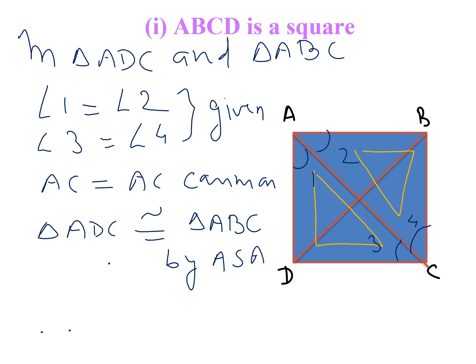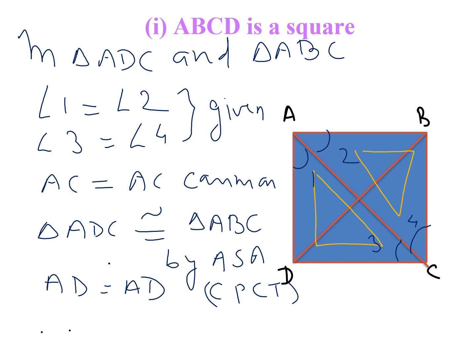Hence, AD is equal to AB because it is CPCT, corresponding parts of congruent triangles. We know that ABCD is a rectangle, that is given.